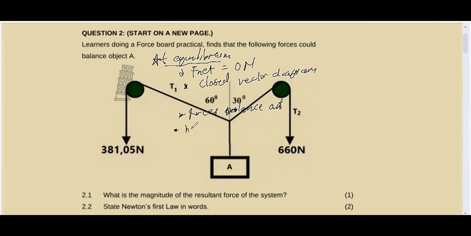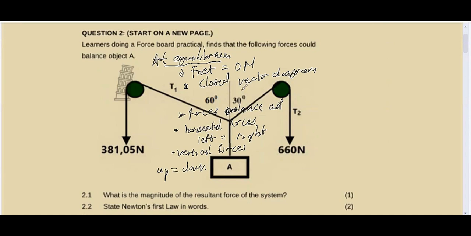The horizontal forces: in terms of the horizontal forces, that means the left forces are equal to the right forces. And in terms of the vertical forces, we know that the upward forces would be equal to the downward forces. So these are some of the things that we know when they say the system is at equilibrium.